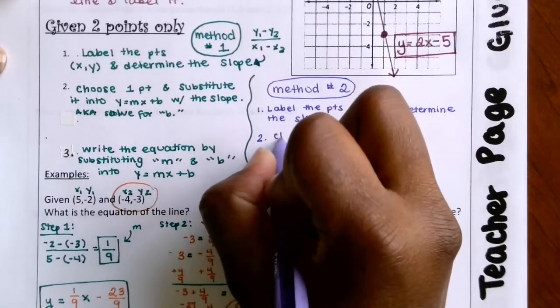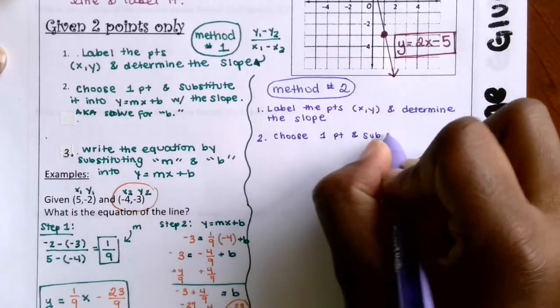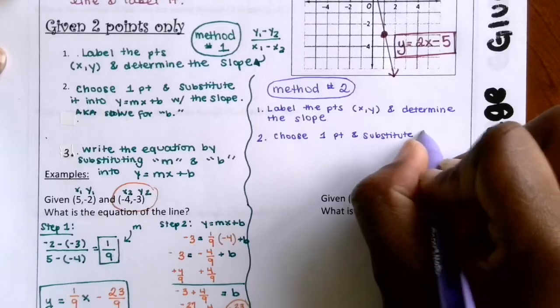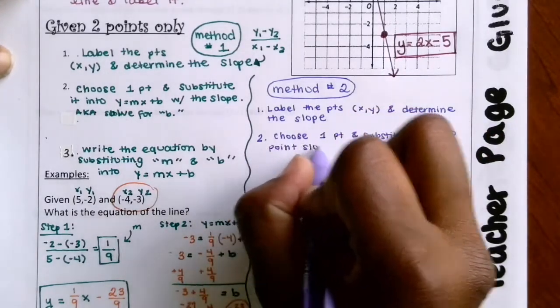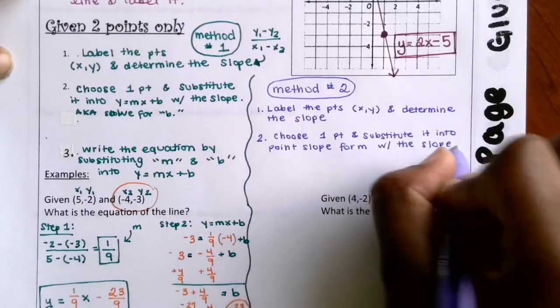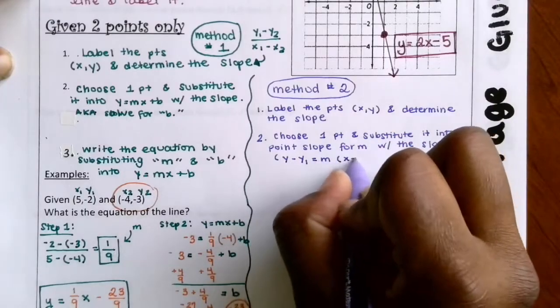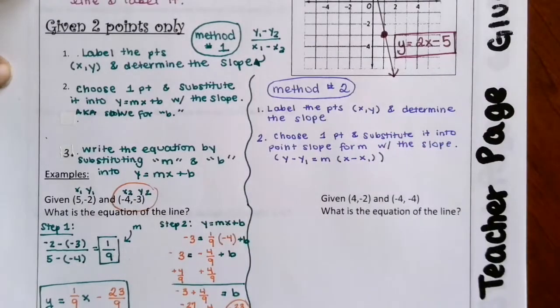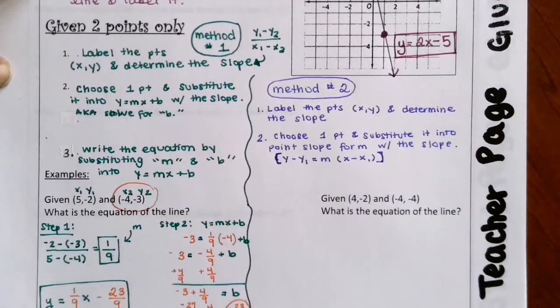Step 2, you will choose one point, any one, doesn't matter, but you'll choose one point and substitute it into the point-slope form along with the slope itself. And again, you can refer to lesson 5-2 for your point-slope formula, which is y minus y1 is equal to m multiplied by the difference of x minus x1.